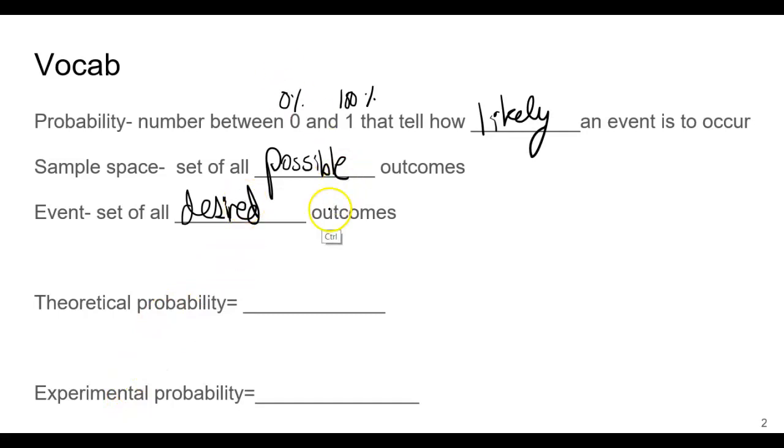Theoretical versus experimental probability. Theoretical is what should happen, experimental is what actually happens. Theoretical probability is the number of events over the number of sample space.